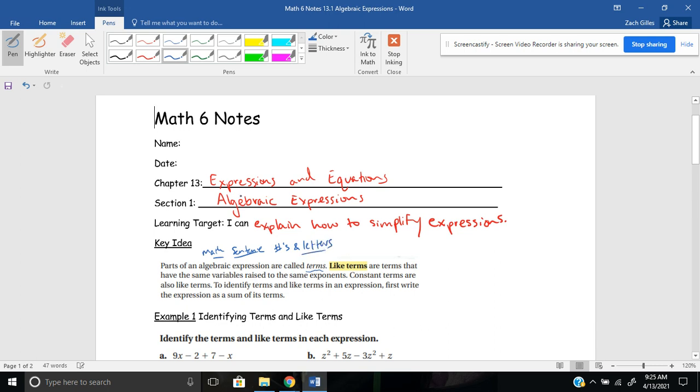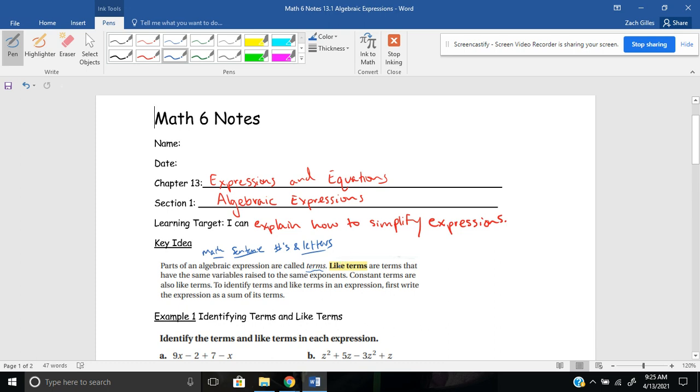Now that we're dealing with algebra, we're talking about some things that might be unknown. A lot of times those are variables represented by letters. And parts of our math sentences are called terms. So kind of like an English sentence has nouns and pronouns and adjectives and all those different pieces to an English sentence, math sentences are broken down into terms.